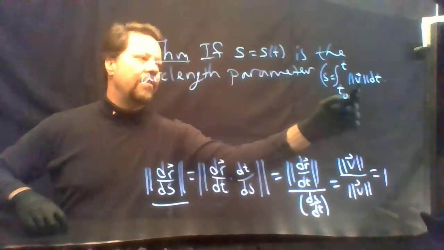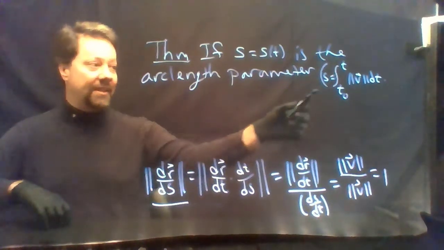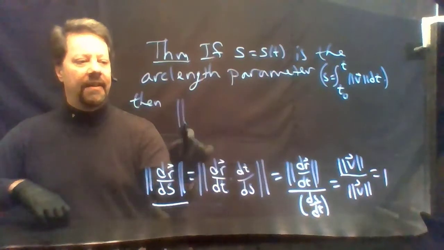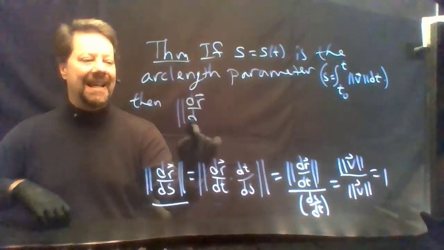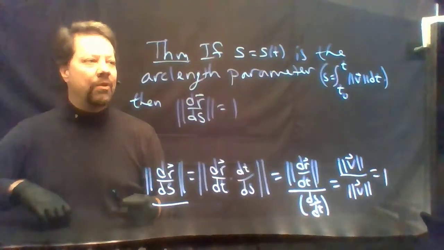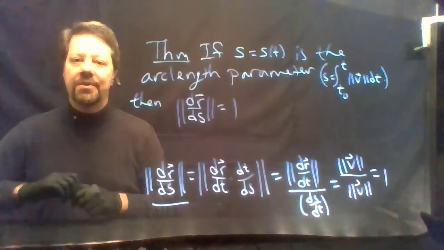You can use t here if you wish. You can replace that with a separate variable, absolutely, to lessen confusion. Then the norm of dr/ds will be 1 in all cases. When you reparameterize the position vector with respect to arc length, you always traverse the curve at unit speed.